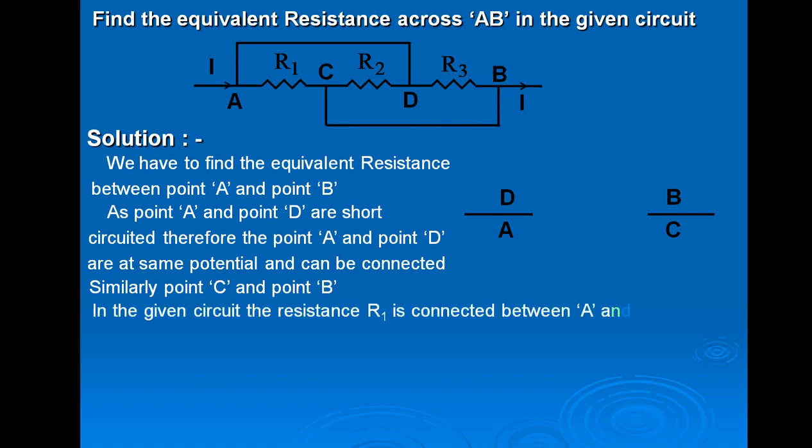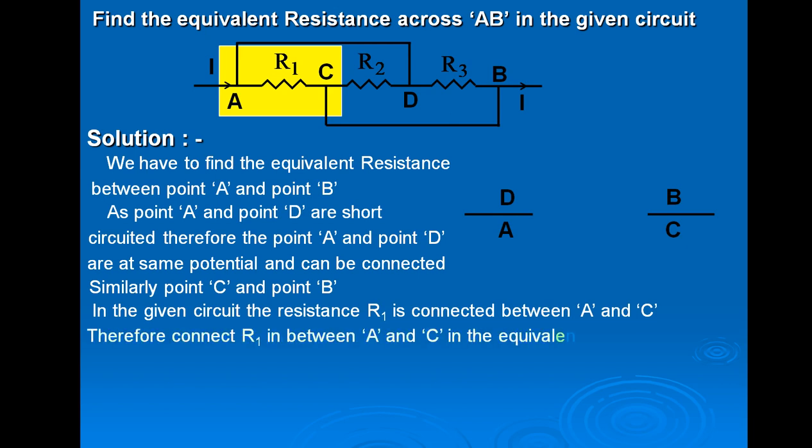In the given circuit, the resistance R1 is connected between A and C. Therefore, connect R1 in between A and C in the equivalent circuit.